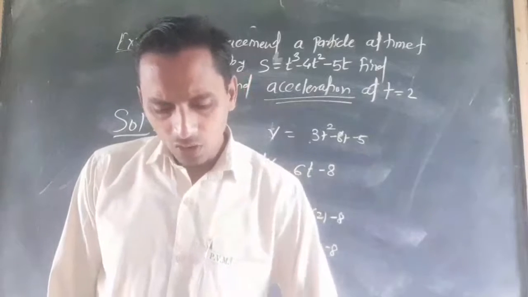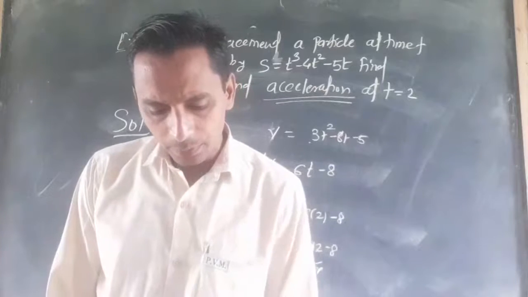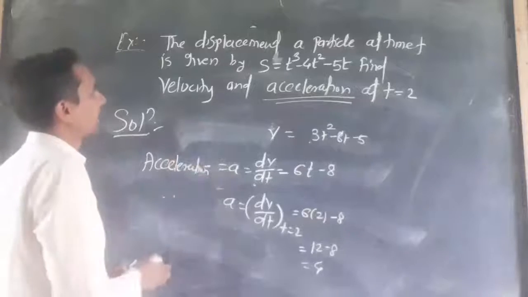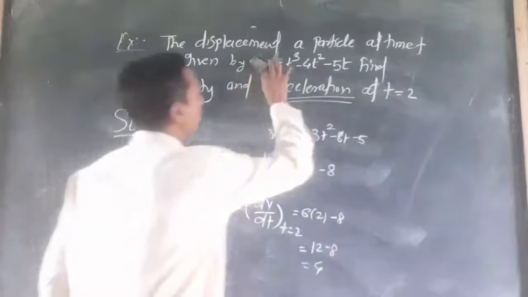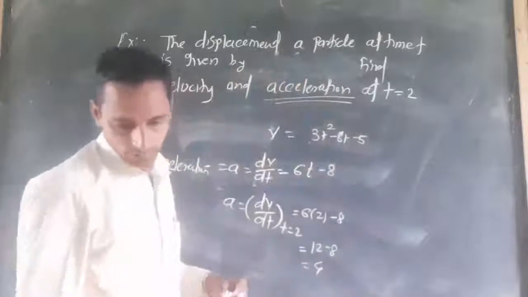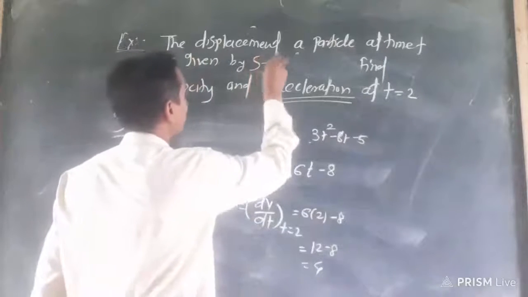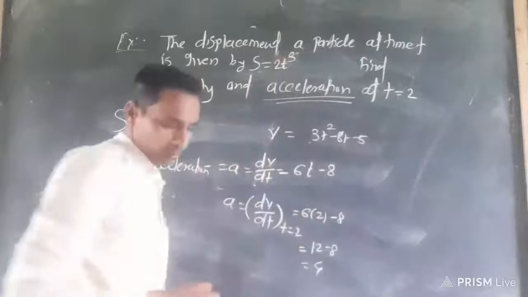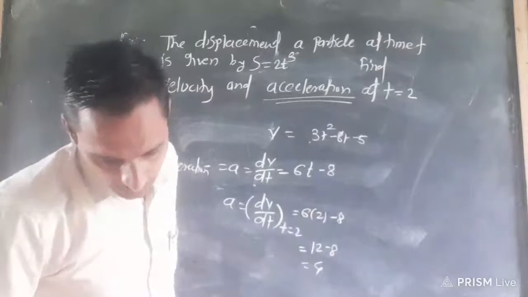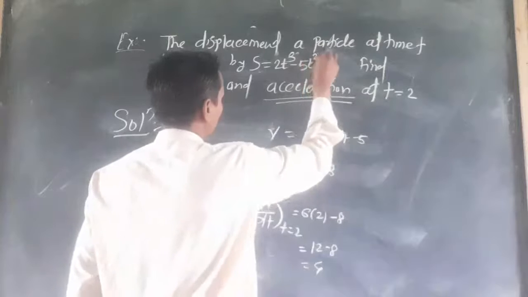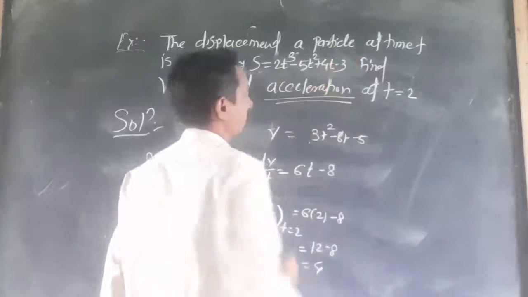The displacement of a particle at time t is given by s is equal to 2t cube minus 5t square plus 4t minus 3.